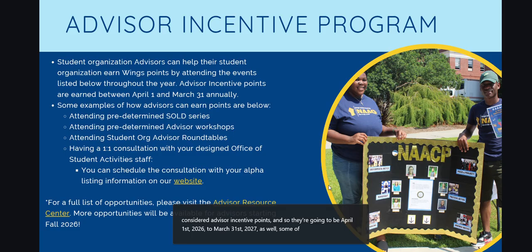Some of those events that you all are able to attend are going to be those SOUL Series workshops, your advisor workshops, and then your student org advisor roundtables. You're also able to have a one-on-one consultation with your designated Office of Student Activities Alpha Listing Processor.